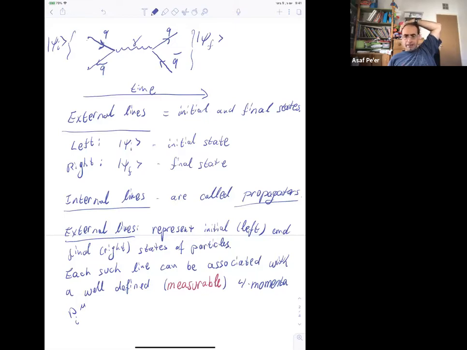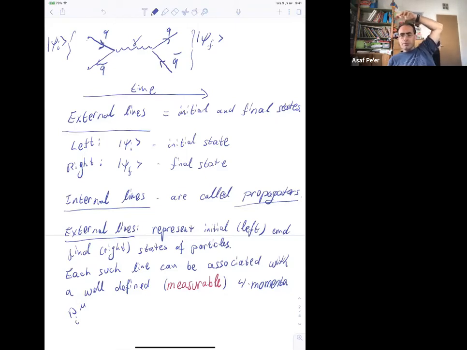So we assign four-momentum to them, of course, but we need that for the calculation. But in principle, they can have different mass or different energy than real particles of that kind. So the way to think of it, these are intermediate states in the process in which the initial state, which is a measurable state, transforms into the final state, which is also a measurable state.